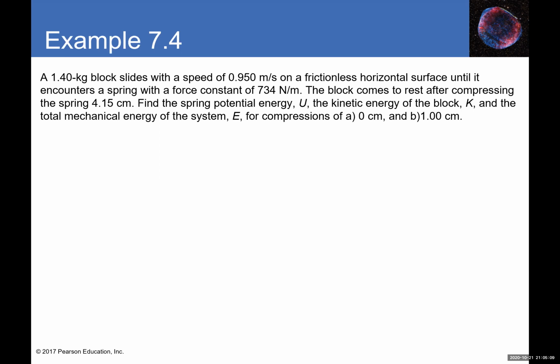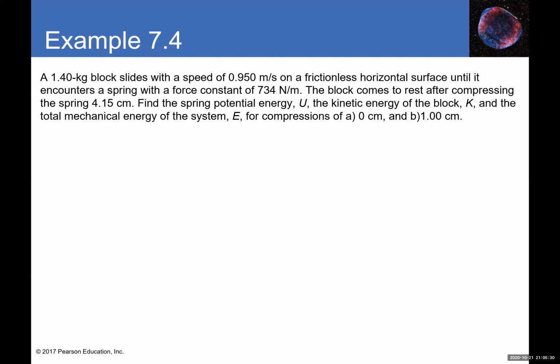Find the spring potential energy U, the kinetic energy of the block K, and the total mechanical energy of the system E for the compressions of, let's say, when it starts compressing, so in terms of when it's compressed 0 centimeters and then also 1 centimeters. Okay.